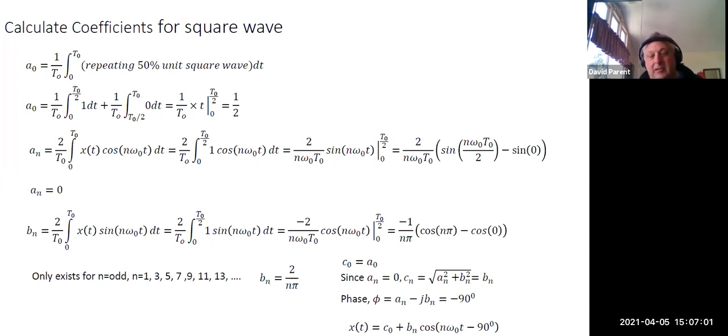But this could either be plus 1 or minus 1 as well. And so when n is such that this is a plus 1, these will cancel. When n is such that this turns into minus 1, then they add. And so when does that happen? When n is odd. So when n is 1, 3, 5, 7, 11, 13, this reduces to b naught 2 divided by n pi.